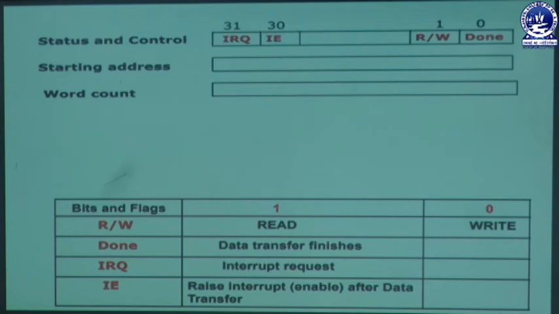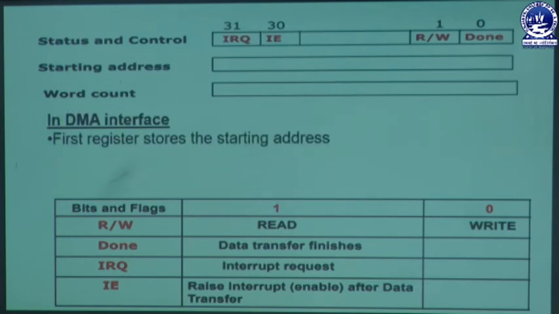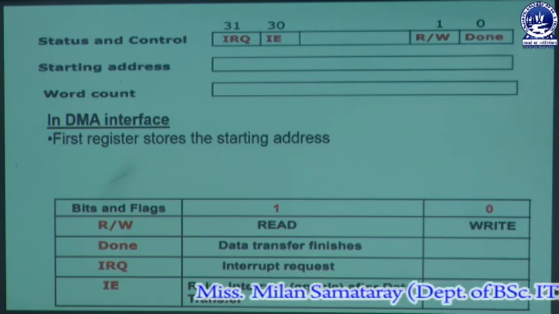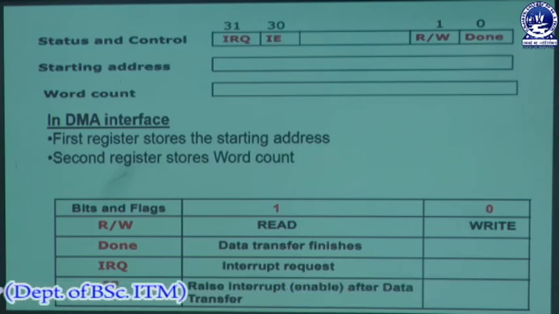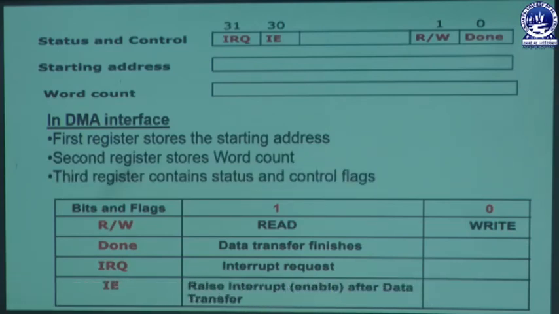Next, in a DMA interface or direct memory access interface, the first register stores the starting address, the second register stores the word count, and the third register contains status and control flags. So the DMA interface, or the platform which performs the direct memory access technique, as I have discussed, the direct memory access controller is a piece of circuitry.